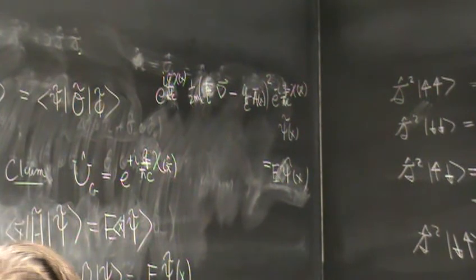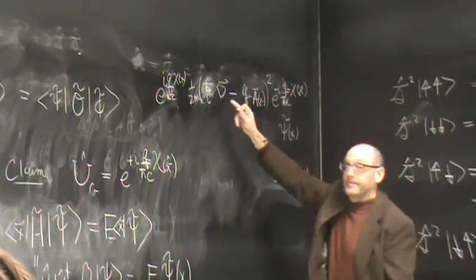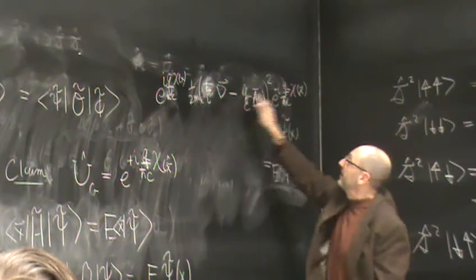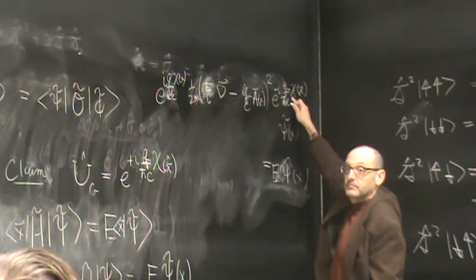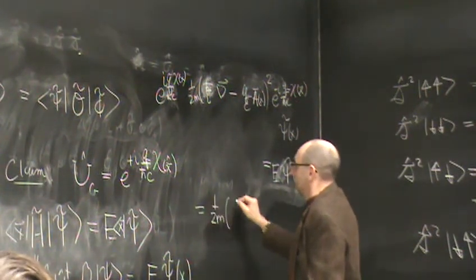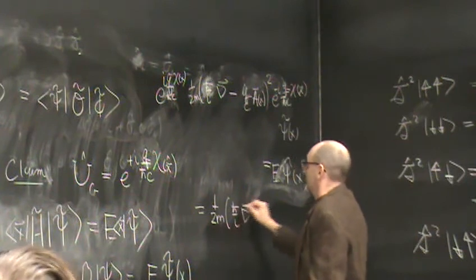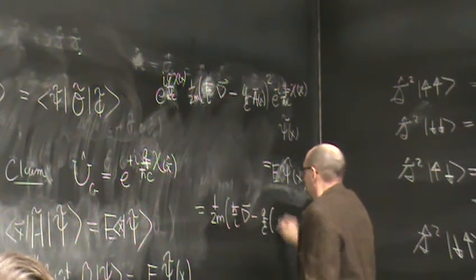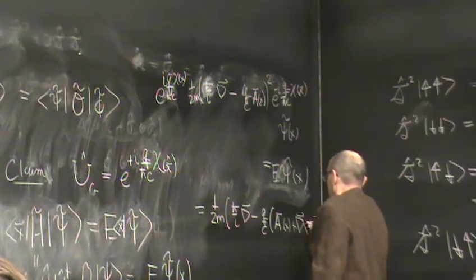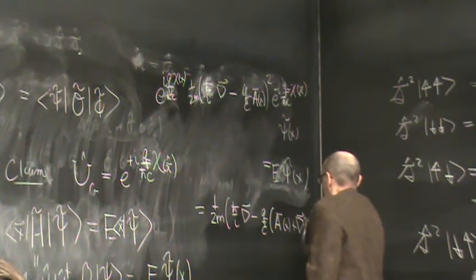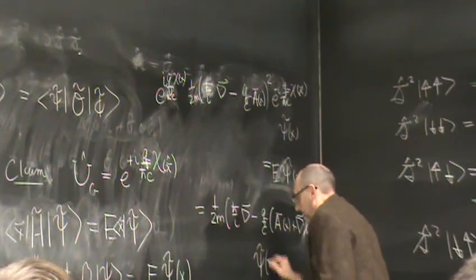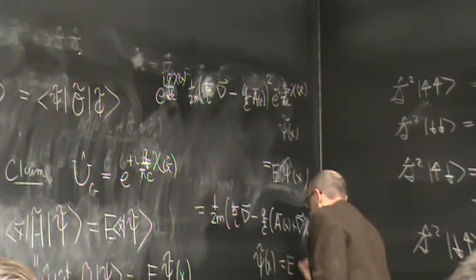All right, so now I move this through, move it in, and the gradient comes down here and gives us the gradient of chi. So we end up with minus q over c A plus the gradient of chi squared acting on psi tilde is E psi tilde.